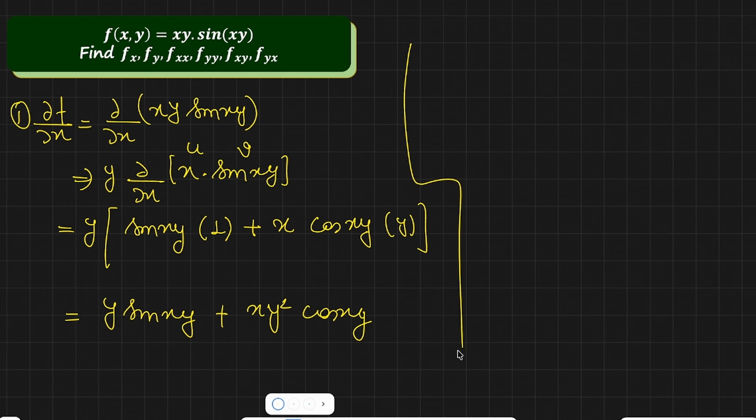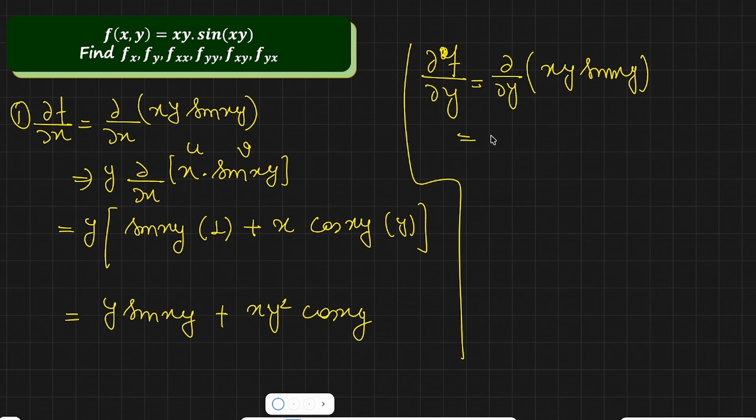Now find the partial derivative with respect to y of xy sine xy. Here x is constant, and we take the partial derivative with respect to y of y sine xy, because this is a function of x and y both. Now you consider one as u and the other as v.